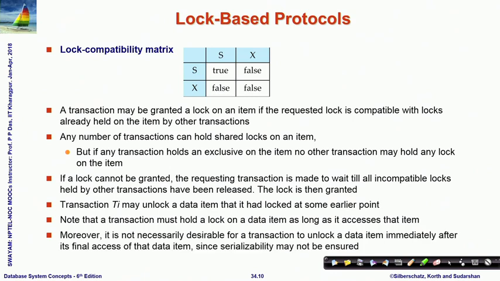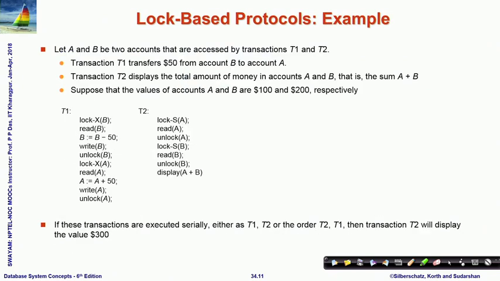This is the basic process that has to happen. Usually it is said that as soon as you are done with the operations on the data item, you may not unlock that. You may want to wait a little longer for ensuring serializability. These details we will see subsequently.